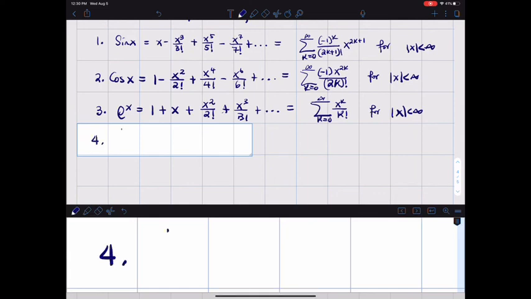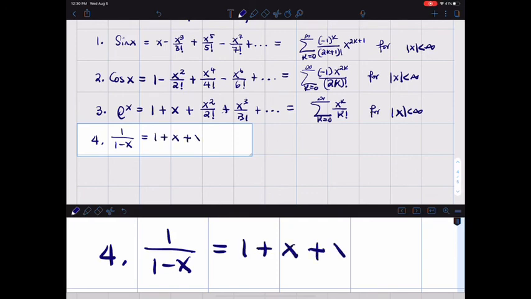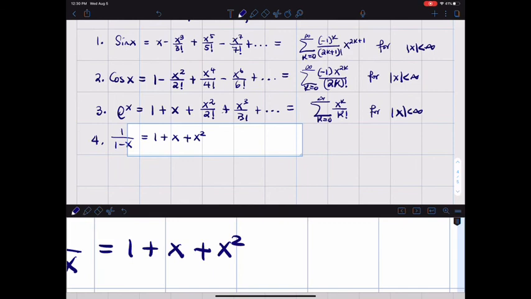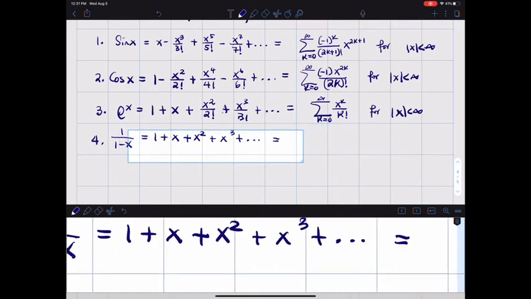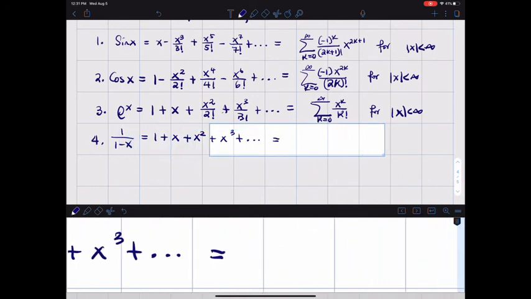Number 4, 1 over 1 minus x. This is a good one. 1 plus x plus x squared plus x cubed. I actually prefer this one to e to the x. If you do this correctly, you will see that this will remind you of a series that we studied extensively, the geometric series, where r is your x and your a is just 1.